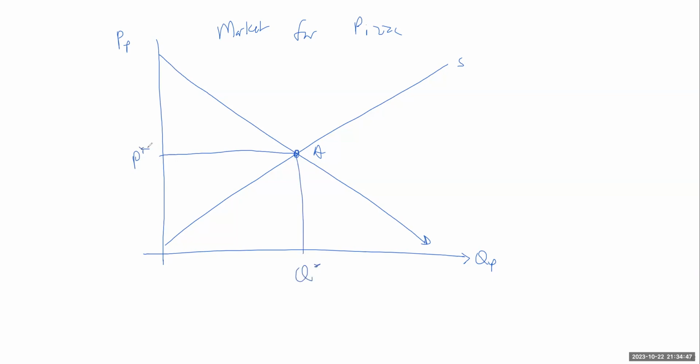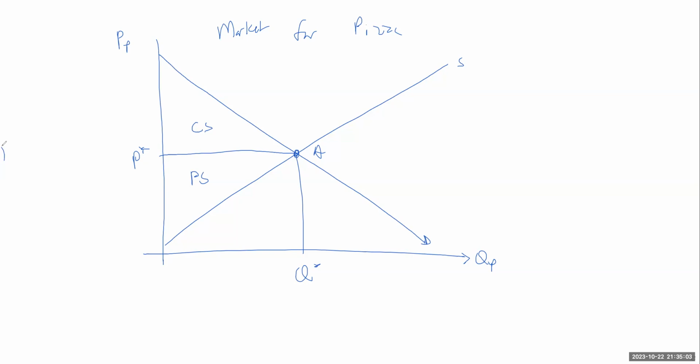We know again this big triangle is total surplus. This is consumer surplus, producer surplus, and the big triangle is total surplus.